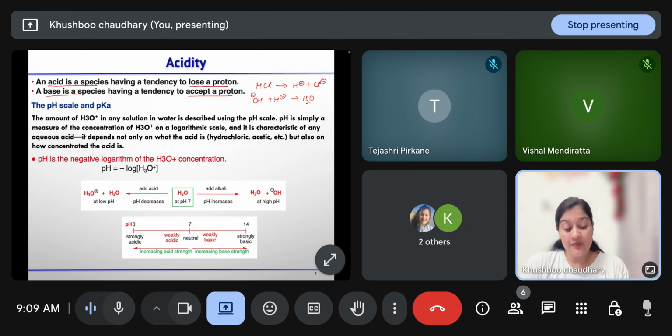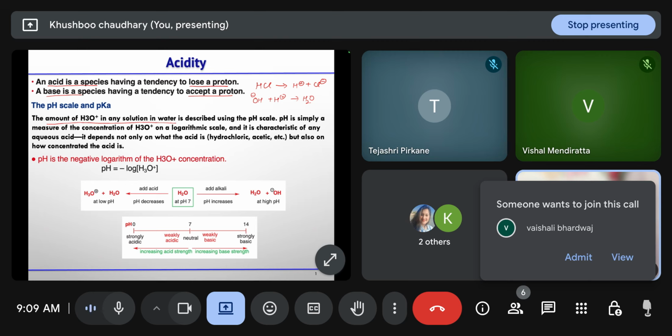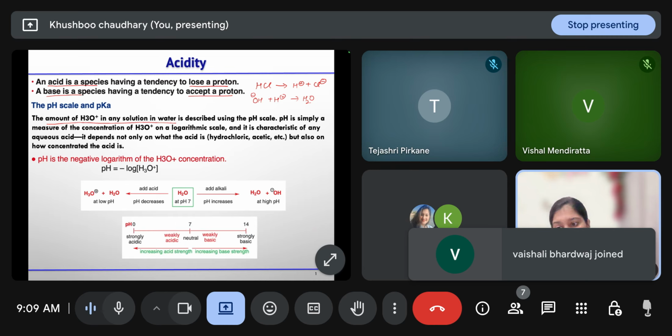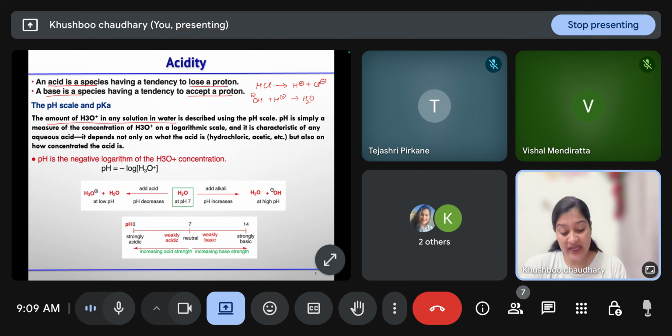Now, how we will define the pH scale and how we will define the pKa, that we have to see. The pH scale will tell us about the amount of hydronium ion in any aqueous solution. pH simply tells us about the concentration of hydronium ion on a logarithmic scale, and it is the characteristic of any aqueous acid.